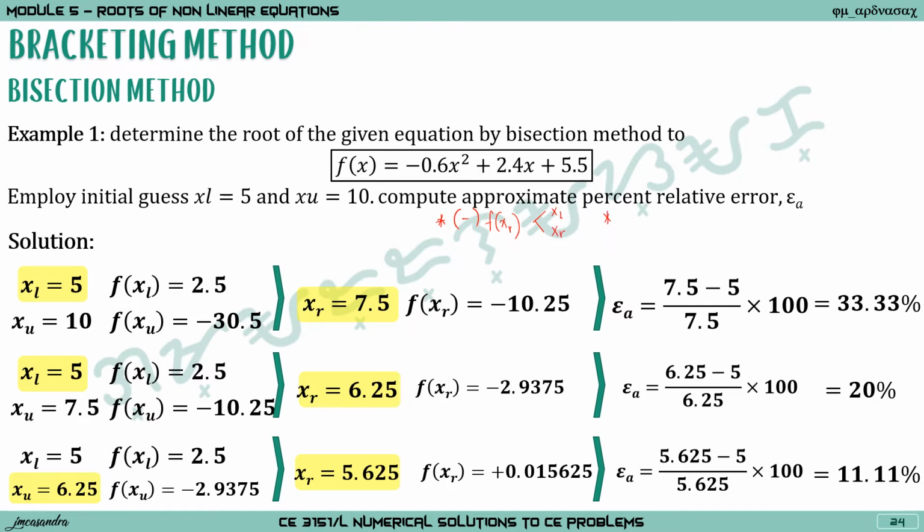If our function of x sub r is now a positive value, then x sub r will become your new xl for the lower limit, and we retain your x sub u or the upper limit. Okay?